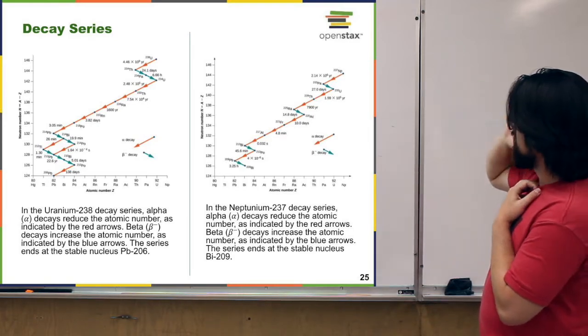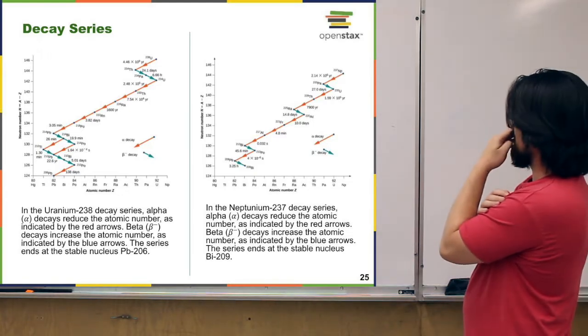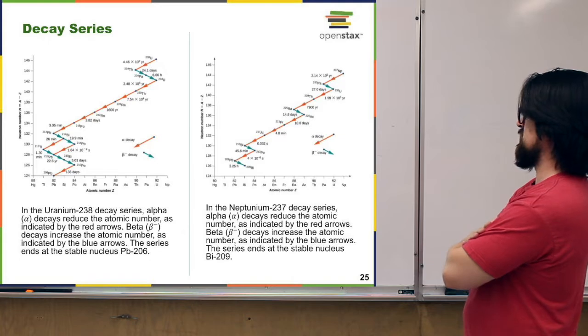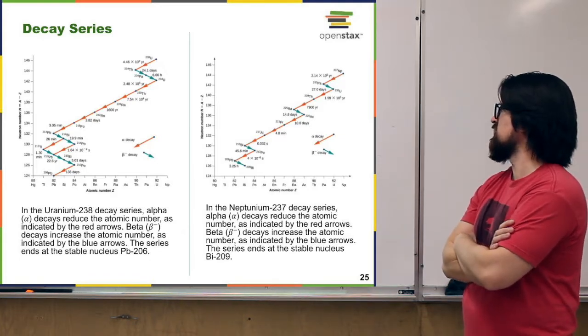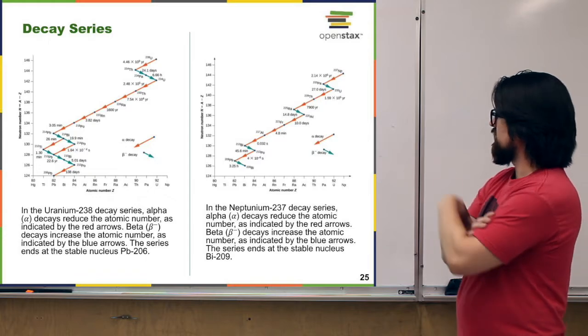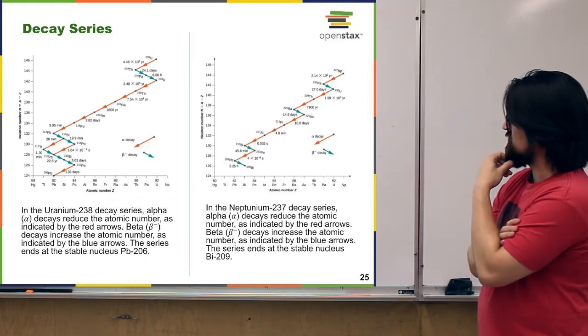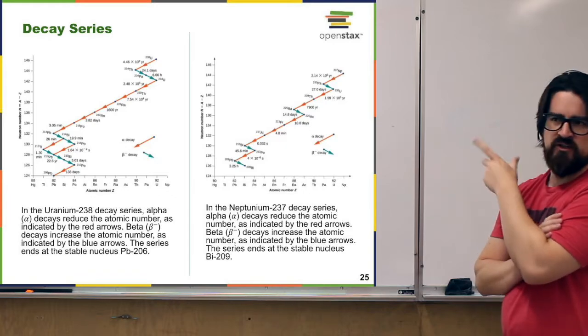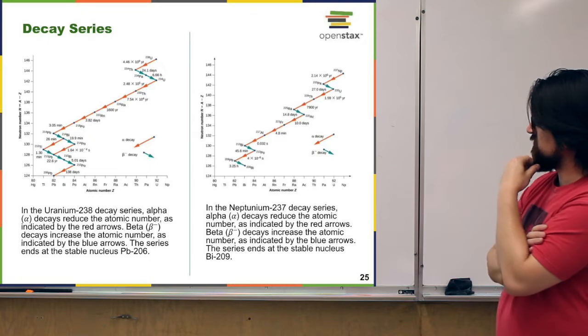You can see the numbers on there are the half-lives. The half-life of neptunium is about 10 to the 6th years. Decay could take quite a while, and then other ones are like 10 days, 32 milliseconds. It's just an interesting way to look at the decay of some of these elements.